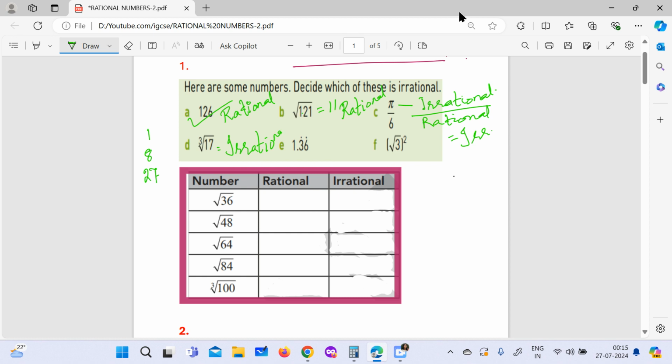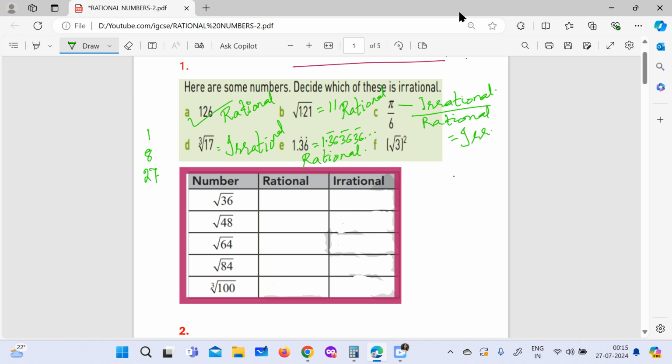Now you have another number, 1.36 recurring. This can be written as 1.363636 and so on. There is a pattern followed here. This is non-terminating, but a pattern is followed, so this belongs to rational numbers.